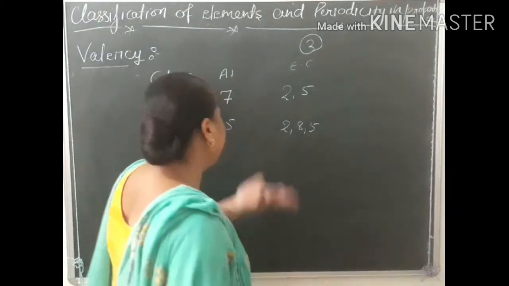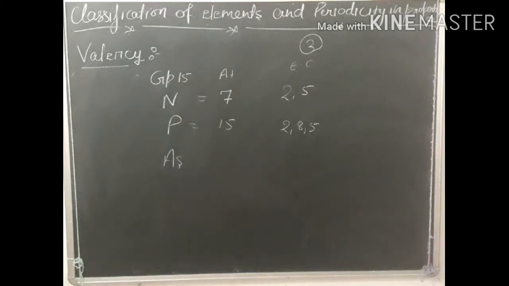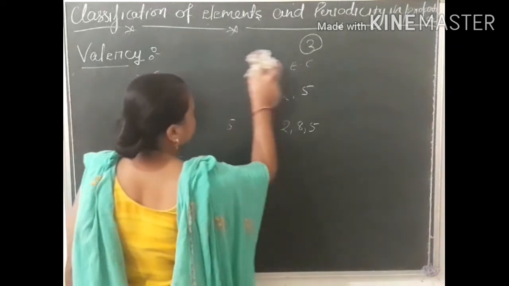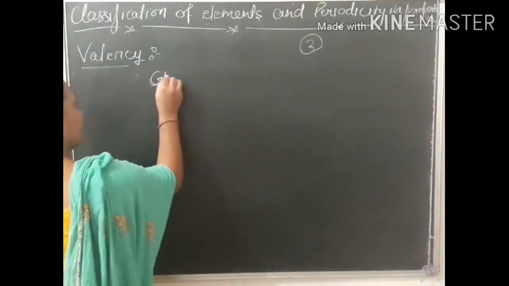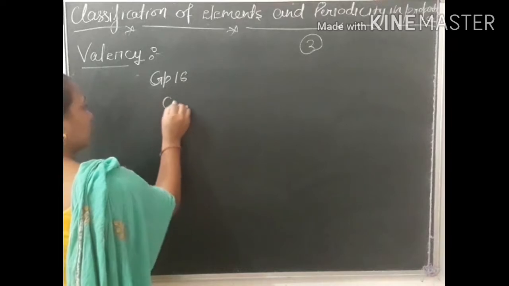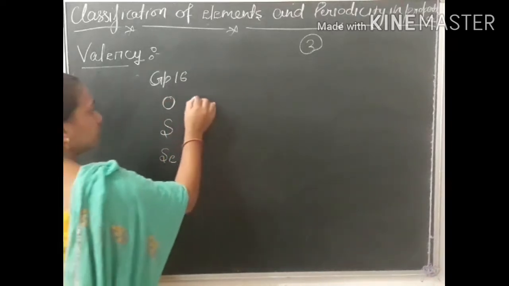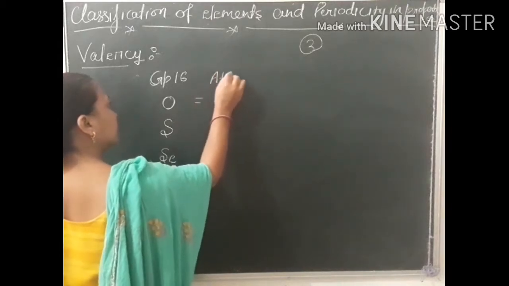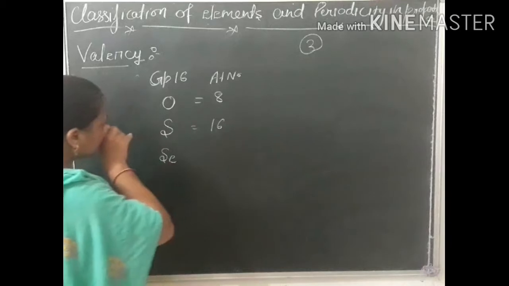Okay, and in the case of group 16: oxygen, sulfur, selenium, tellurium and polonium. The atomic number of oxygen is 8 and here it is 16.